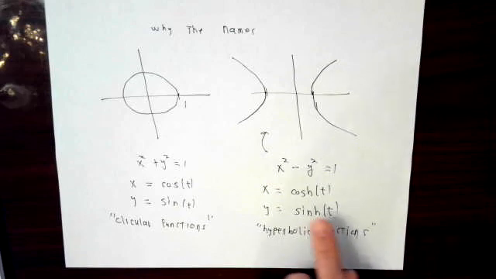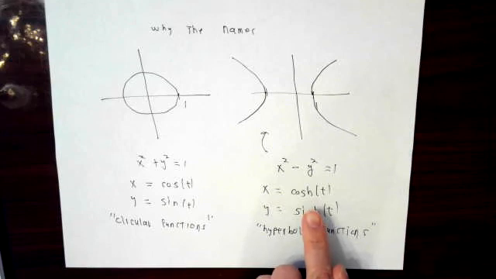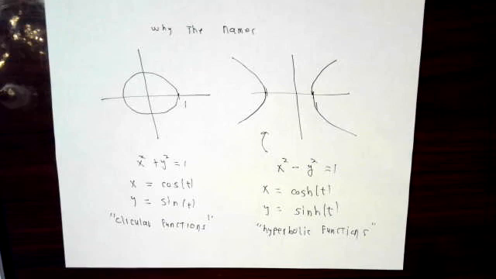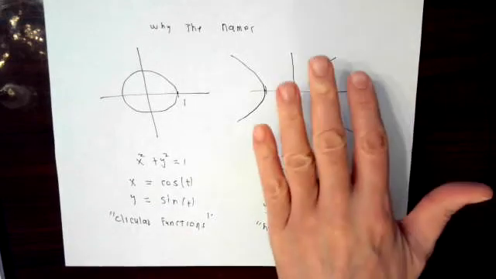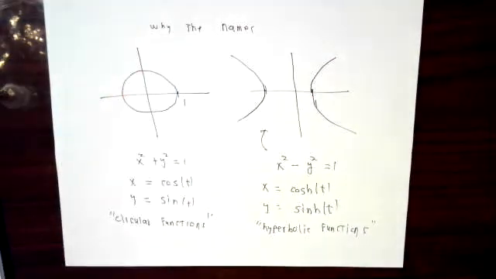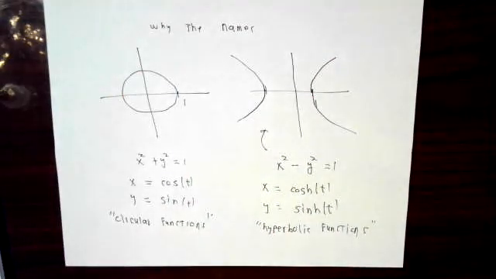One way to do it would be to say x is hyperbolic cosine of t and y is hyperbolic sine of t. If I say that, then it's automatically true that x squared minus y squared is 1. So these functions are to these functions as a hyperbola is to a circle. Back in the old days, they sometimes called sine and cosine circular functions for that reason. Therefore, we ought to call these new functions hyperbolic functions.